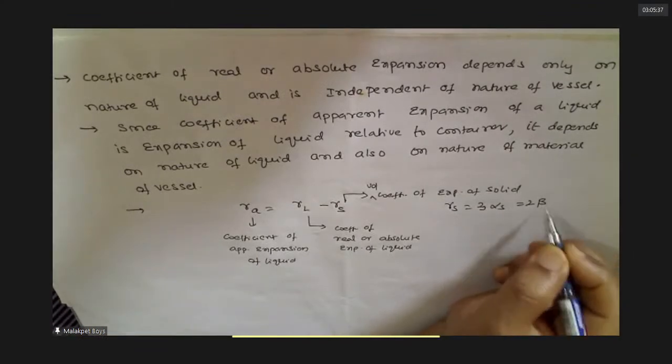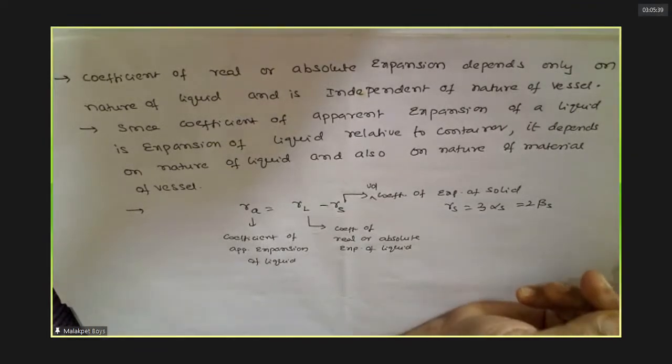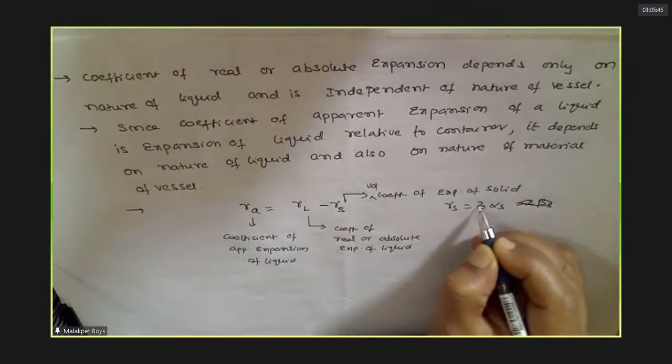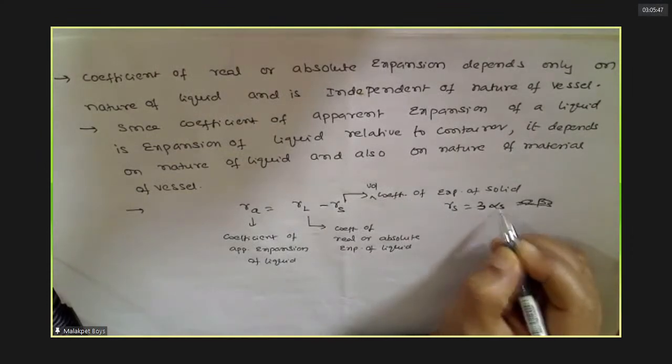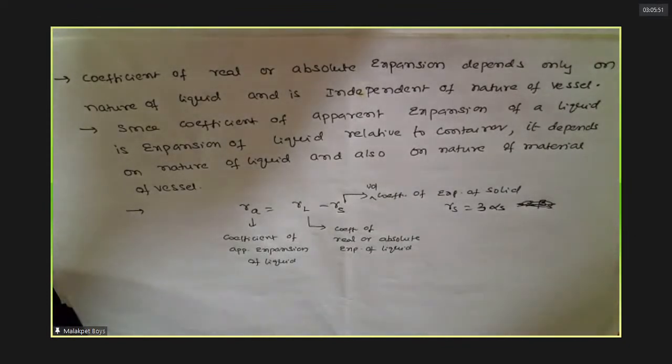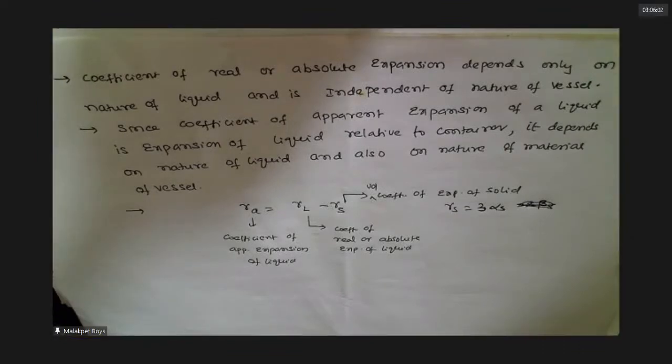Gamma is equal to 2 beta, solid. Sorry. Beta is 2 alpha s. No? Understood this? Yes, sir. Understood.